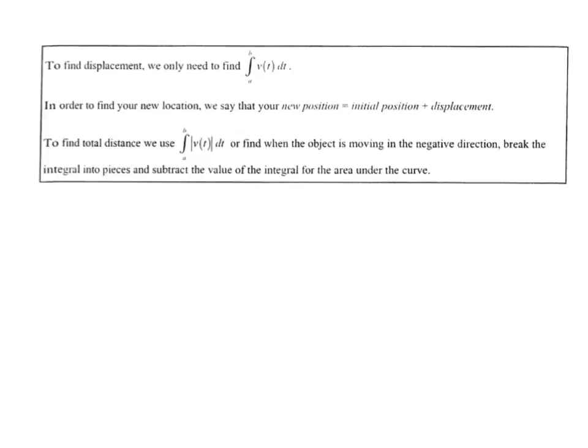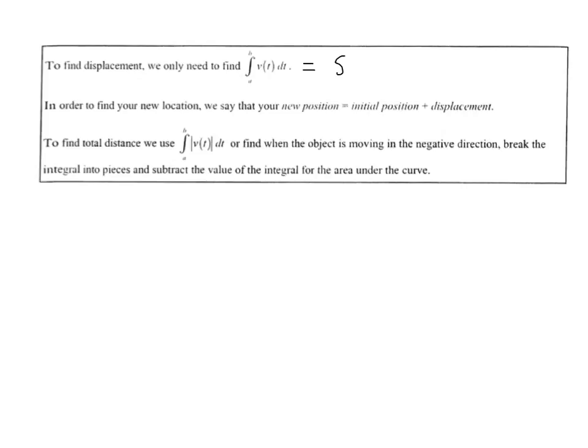Okay, so some formulas here. First of all, to find displacement, we just need to integrate from A to B. Our starting point is A, our ending point is B, and the reason it works out that way is because we know that the antiderivative of velocity is position.